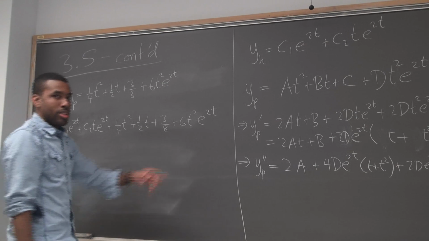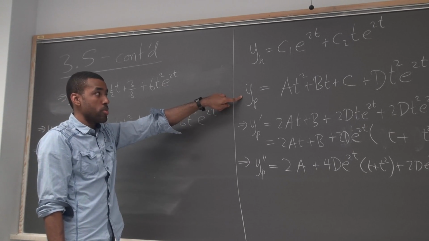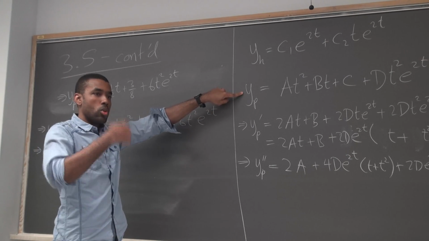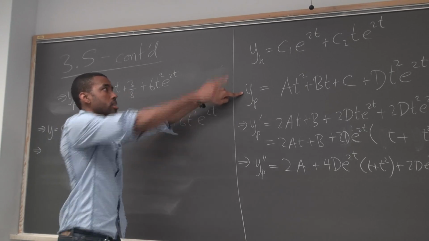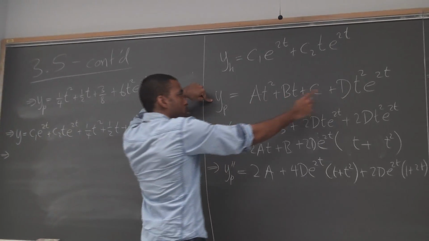Okay, so just to recap quickly before we move on, because now we've actually found YP. You had this general form, which we knew how to choose since last time. You wanted it to look like the g of t, but not like the YH. So we ended up with this. Now the question is, what are these arbitrary constants?